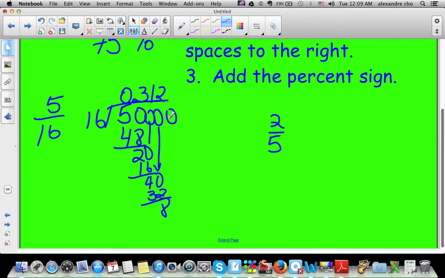Gives me an 8, bring another 0 down. And 16 goes into 85 times. There's a nice number.